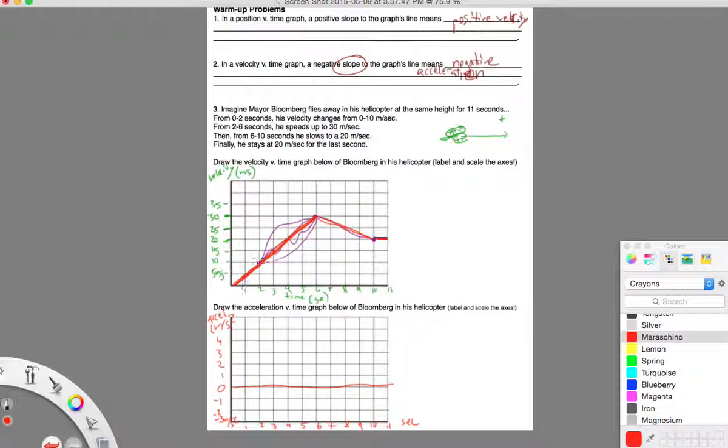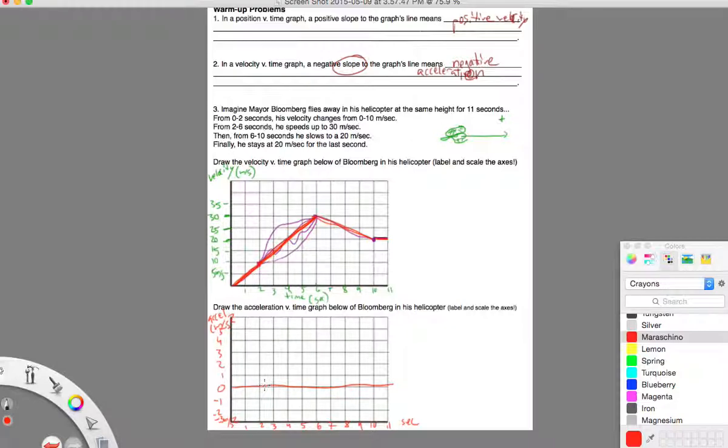So from here to here, let's just choose the point that was told to us. From 0 to 2, you went up to 10 meters per second. So at this point right here, the slope of this line will be the rise over the run. And since I made this a straight line right here, the slope should be up 10 over 2, which would be, I should have done the 5 up to here.